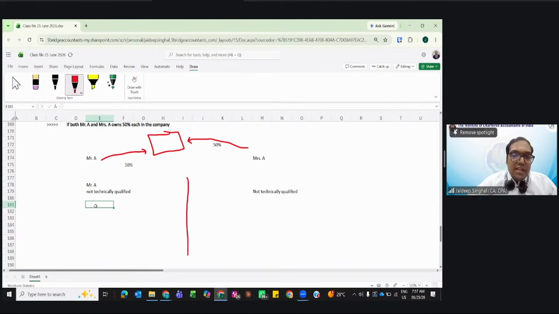Let's suppose Mr. A has 8 lakhs of salary received from this entity and 3 lakh interest income. Mrs. A is receiving 6 lakh salary and 5 lakh interest income.